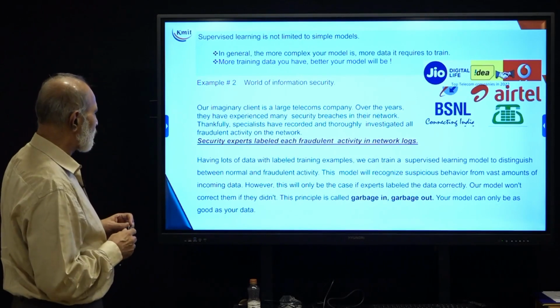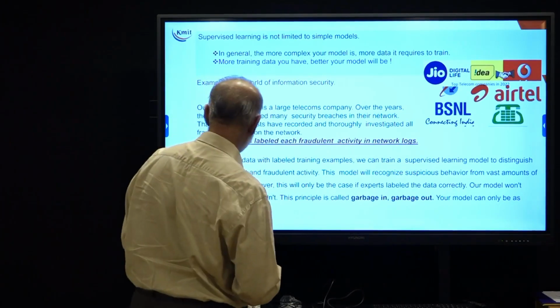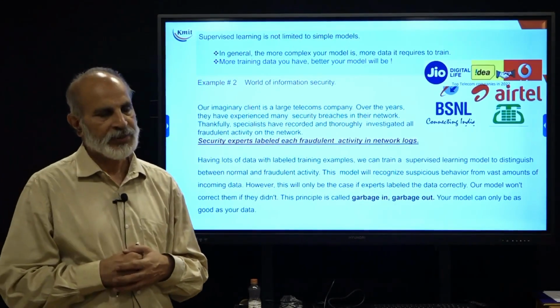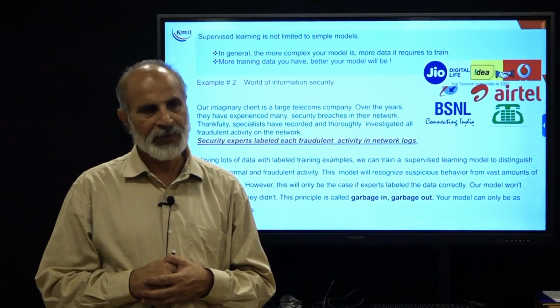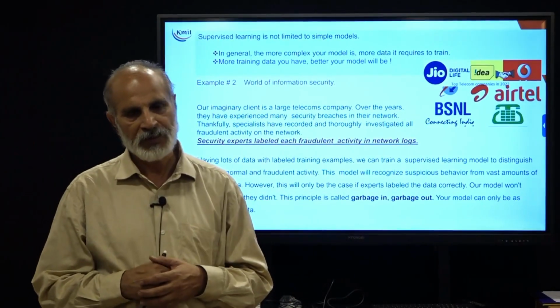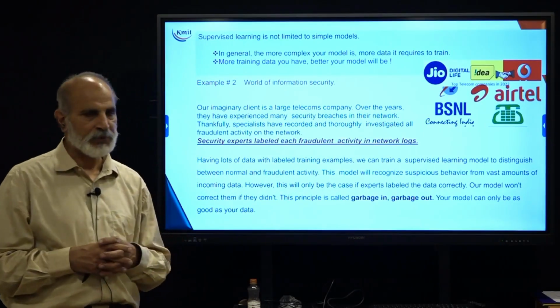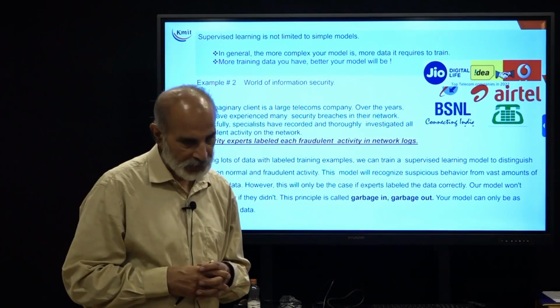Having a lot of data with labeled training examples, we can train a supervised model to distinguish between normal and fraudulent activity. How do I know that it is fraudulent? Say my spending pattern is 1000 rupees per day, or on average around 2000 to 3000 rupees per week, and suddenly 20,000 to 40,000 is debited from my account.